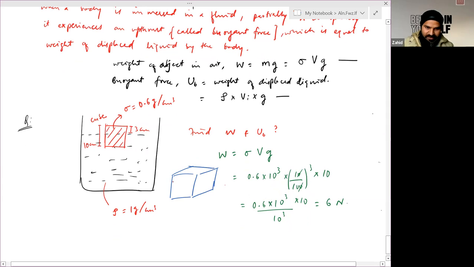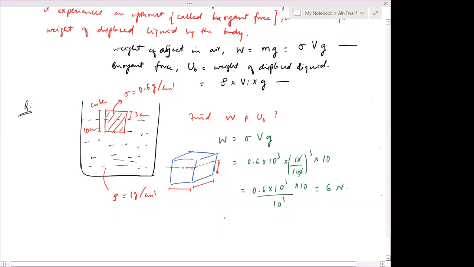So up to this level, similarly up to this level is in water. So its height will be 7 centimeter, length will be 10, and breadth will be 10. Okay.